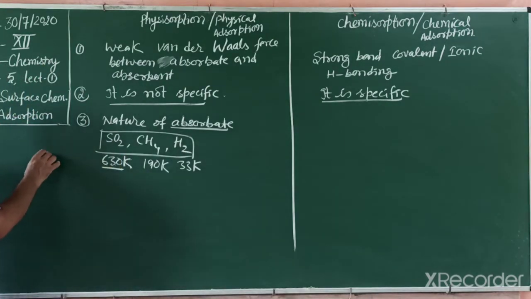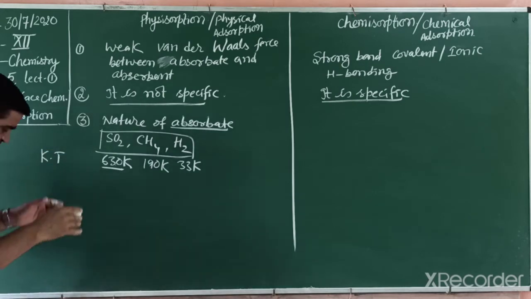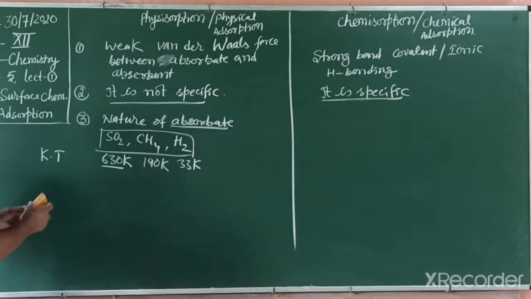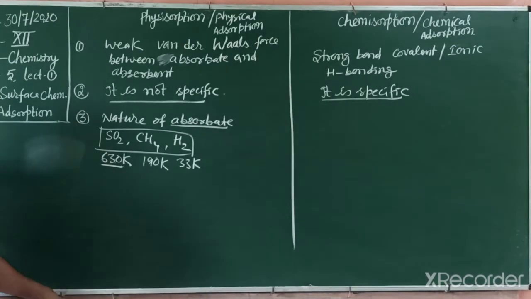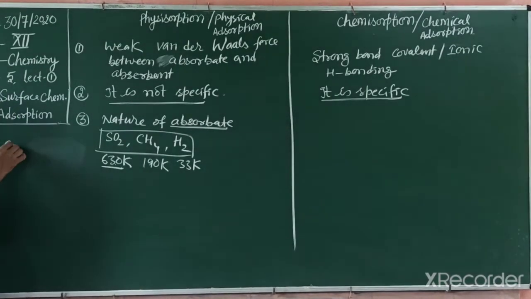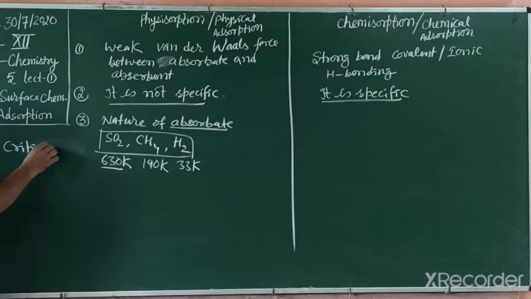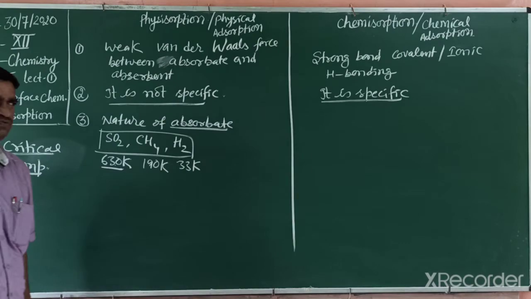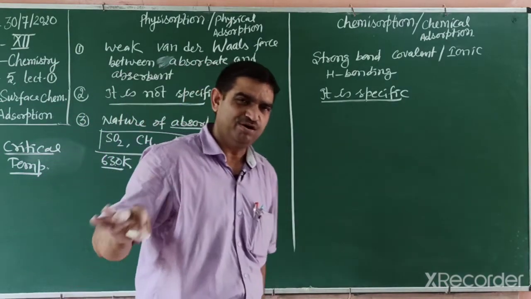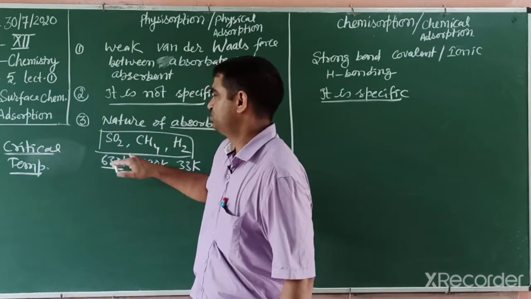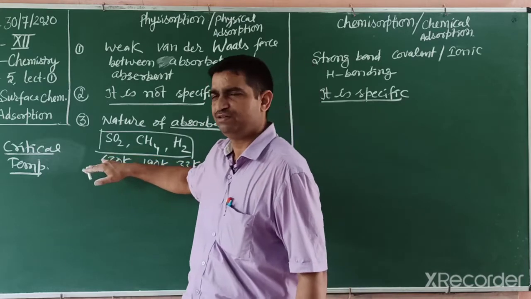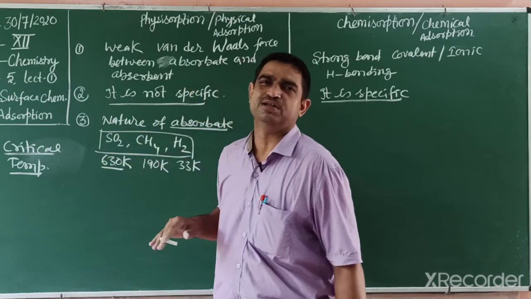These are critical temperatures. Critical temperature means the temperature above which we can't liquefy any gas. Sulfur dioxide we can liquefy up to 630 Kelvin.